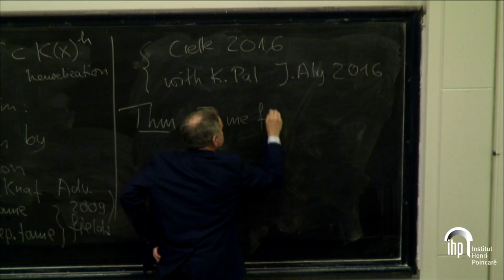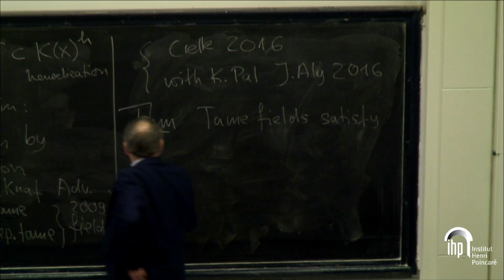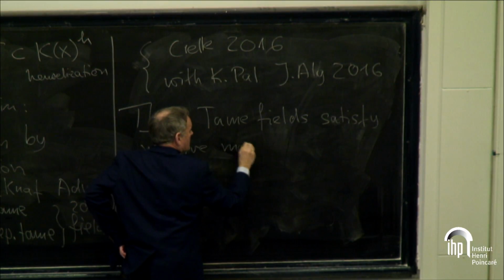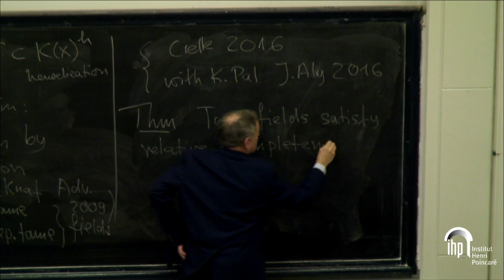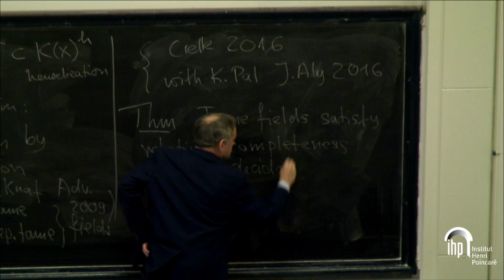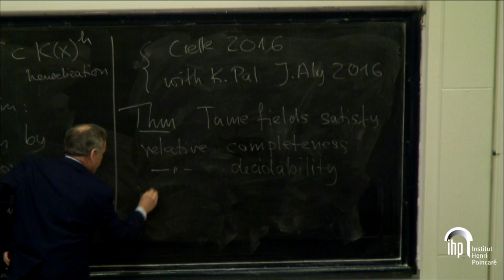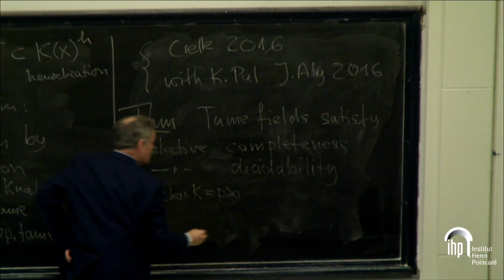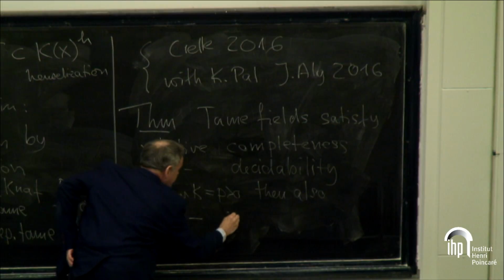Tame fields satisfy relative completeness, completeness I meant, yes, completeness, relative decidability, and in positive characteristic, so if the characteristic of K is bigger than 0, then also relative model completeness.